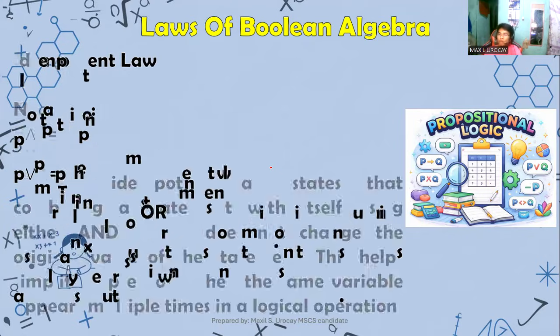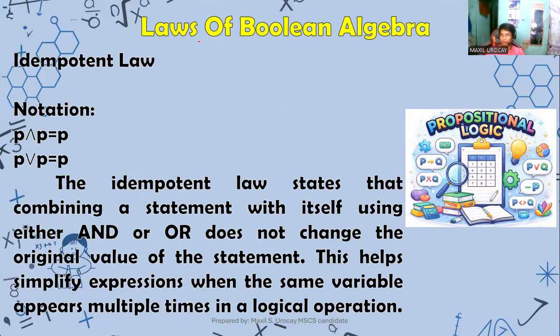Okay? Now for idempotent law, idempotent law. So it is P and P is equal to P. So that is true times true is always true. Then true plus true is always true. That's how it works. That is reflecting to itself.